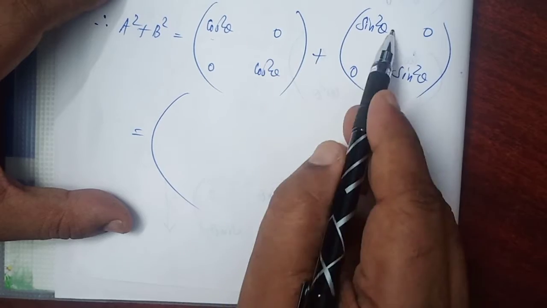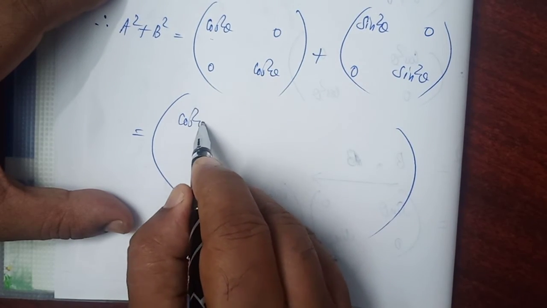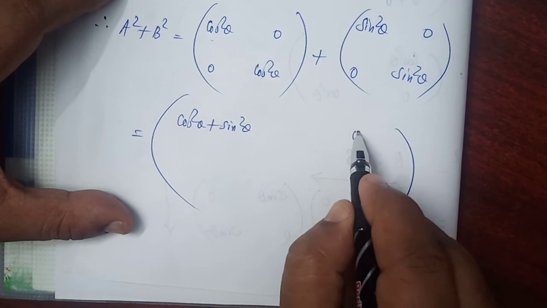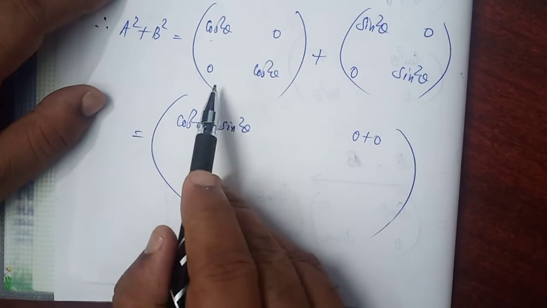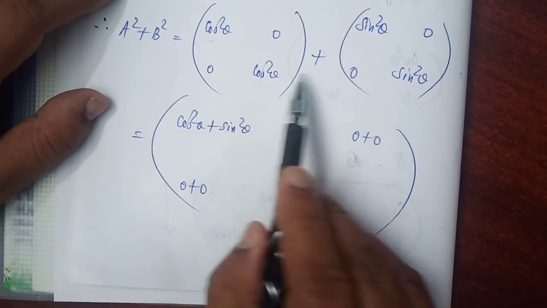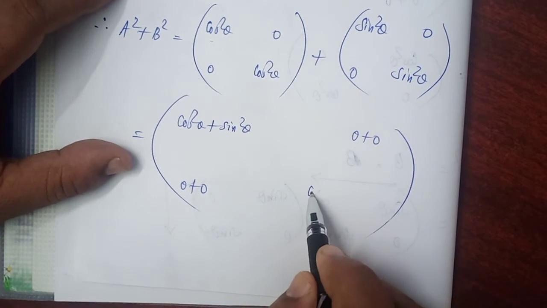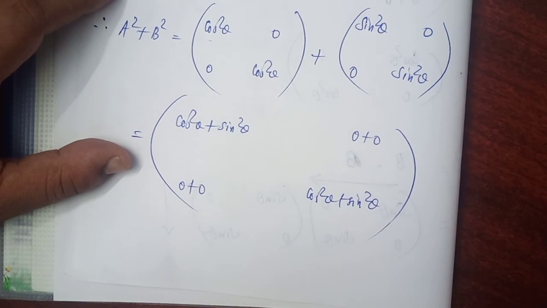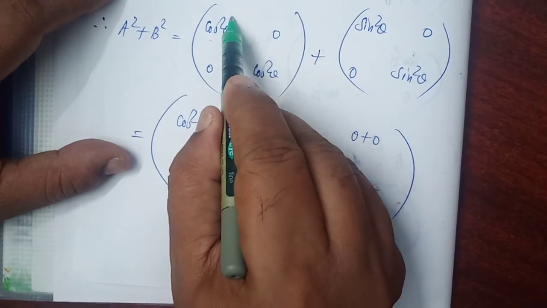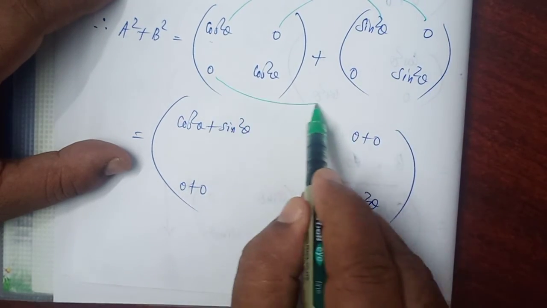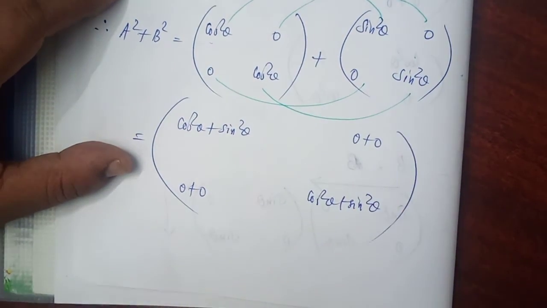Cos squared theta plus sin squared theta, 0 plus 0, again 0 plus 0, and cos squared theta plus sin squared theta. For your reference, I draw like this, corresponding elements to be added.